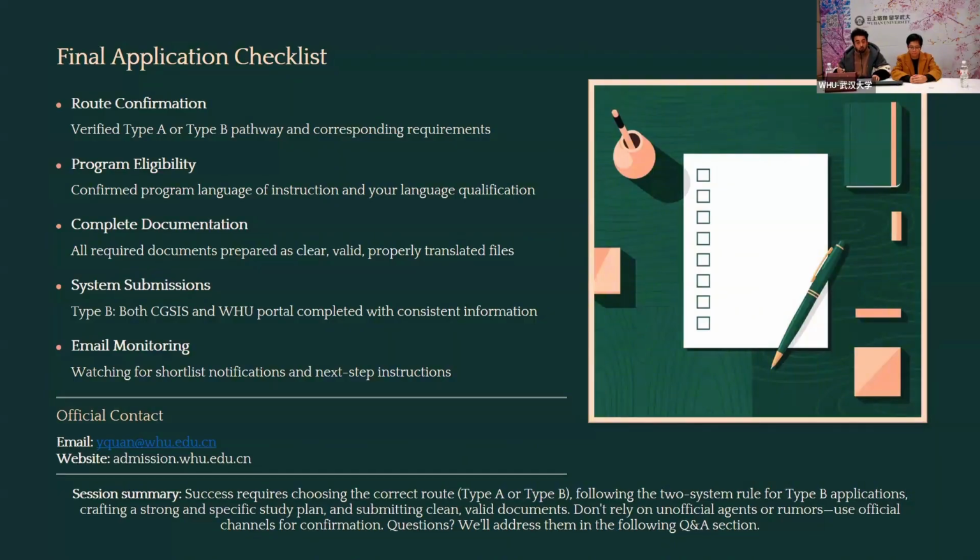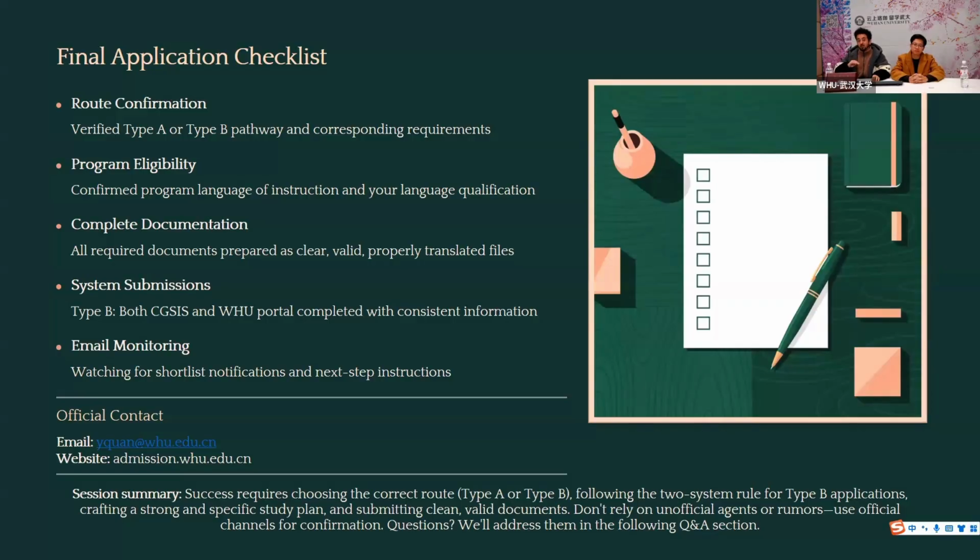And then complete documents. You have to provide complete documents with the application. If any document is missing, first of all, you cannot submit the application. Or if you provide any wrong document, your application could be rejected. And system submission for type B, both the CSC Scholarship information system and the Wuhan University portal, complete with consistent information.